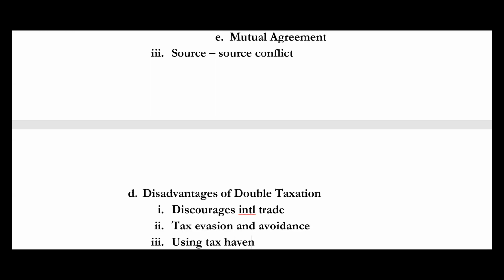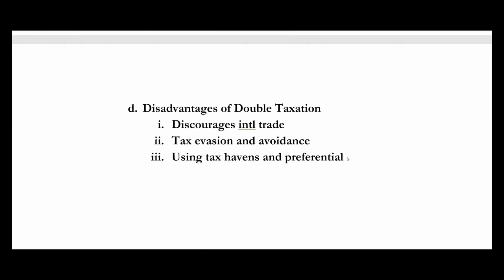Yeah, so it leads to using tax havens and preferential tax regimes, right? Yes, sir. So most people will want to go to where there are lower taxes, right? So preferential tax regimes. The rates are lower. Yeah, I like that point.